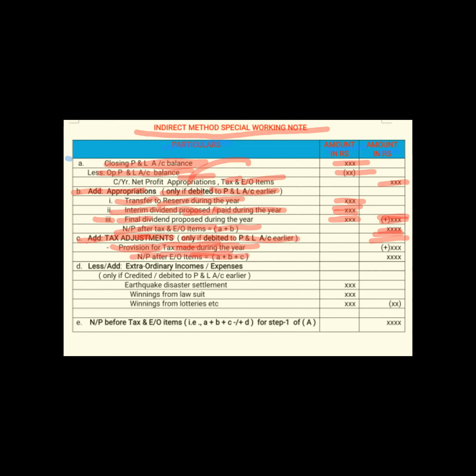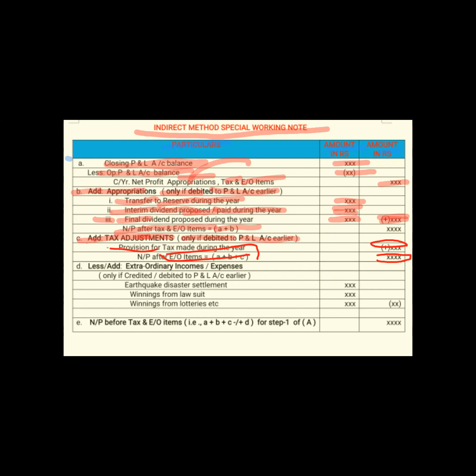From this, first appropriations will be added, then provision for tax will be added. You will get net profit after extraordinary items.